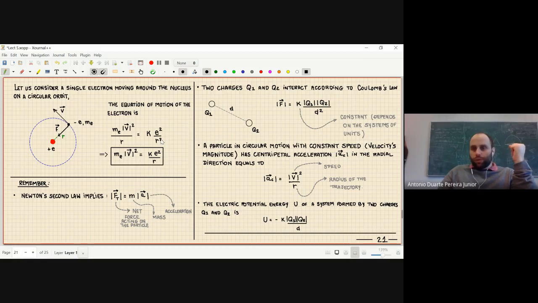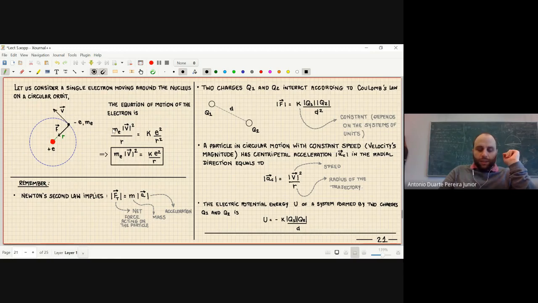But according to Newton's law, this must be equal to the mass of the electron, me, times its acceleration. Since this is a circular motion with constant speed, the acceleration is the centripetal acceleration given by this expression here. So I multiply the mass by the square of the speed divided by the radius of the trajectory.